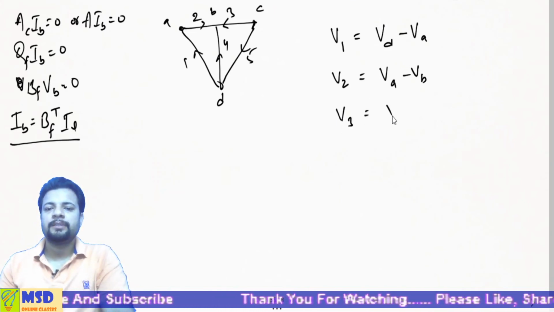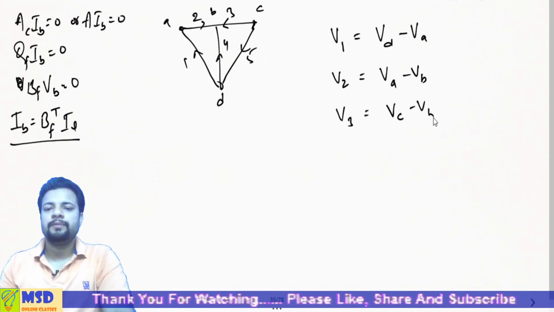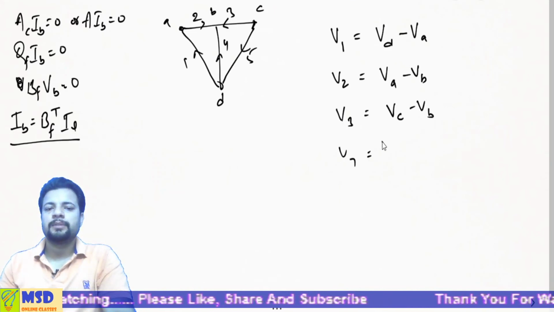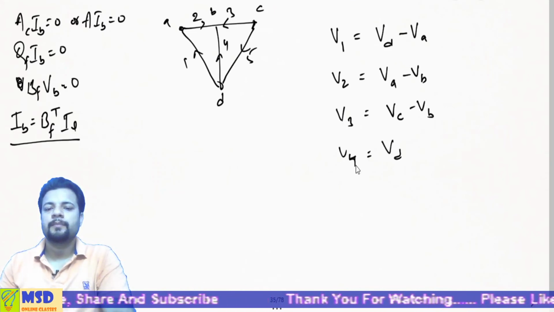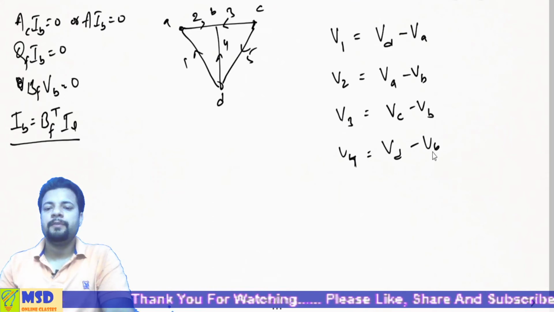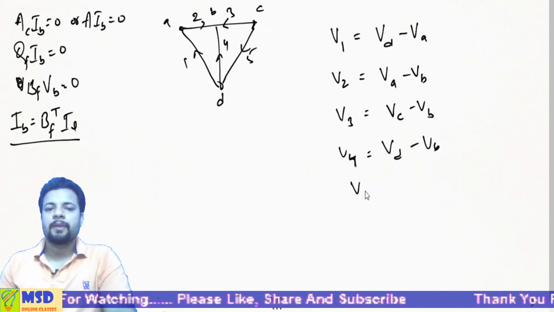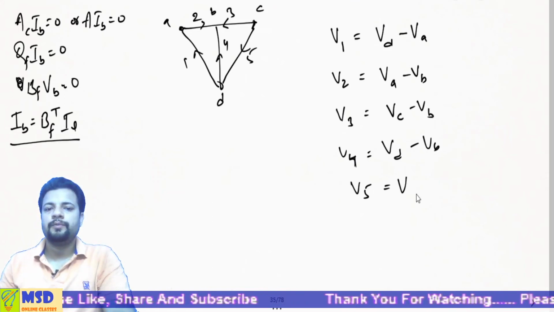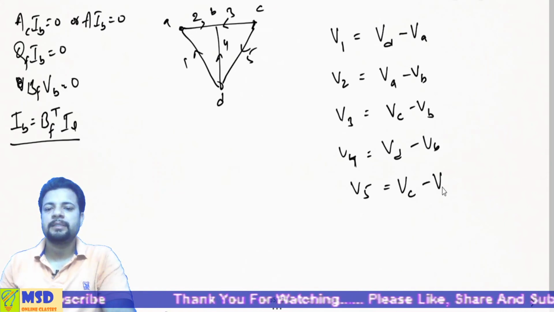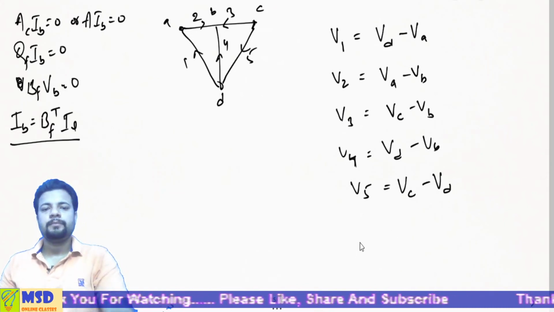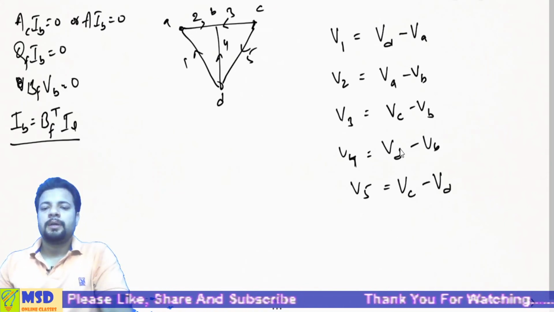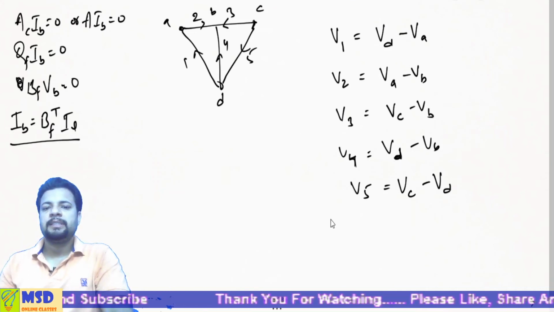Similarly, V3 is equal to VC minus VB, V4 is equal to VD minus VB, and V5 is equal to VC minus VD. I hope you can write these equations.